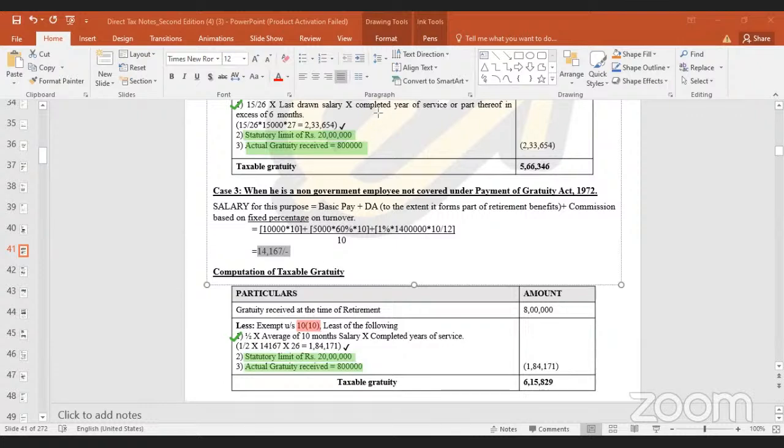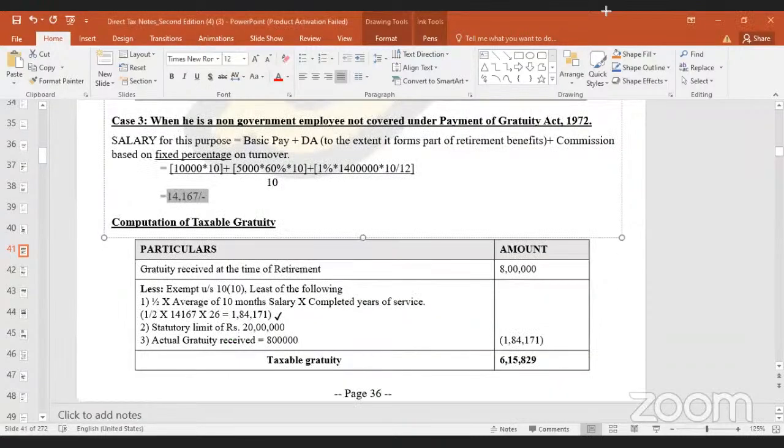Next, being a student, since you are attempting an objective type, this is where you will make a mistake. Observe. The question is, what is the exempted gratuity? I'll take this question as an example. You're supposed to tick this figure, 1,84,171.